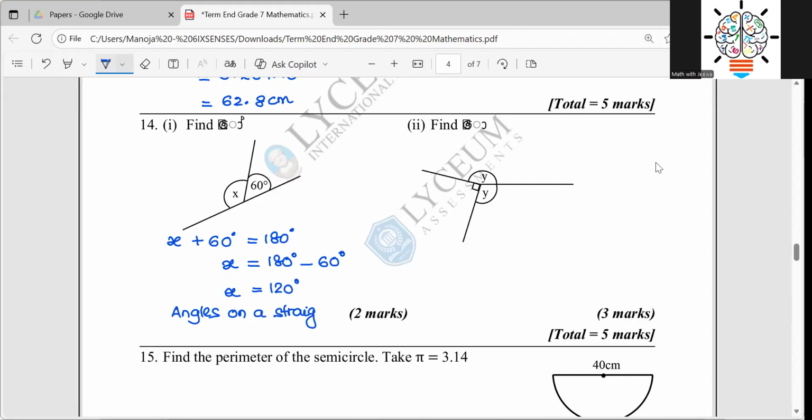Always, children, keep this in your mind. If they have not asked you to write the reason, write the reason. It doesn't matter. Maybe it takes 2 to 3 seconds, maybe 1 minute, let's say. But this statement, angles on a straight line, adds value to your answer. It's like you just see the butter cake, and then you have the icing cake.